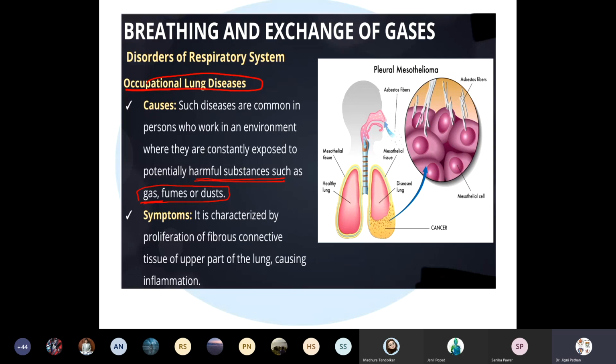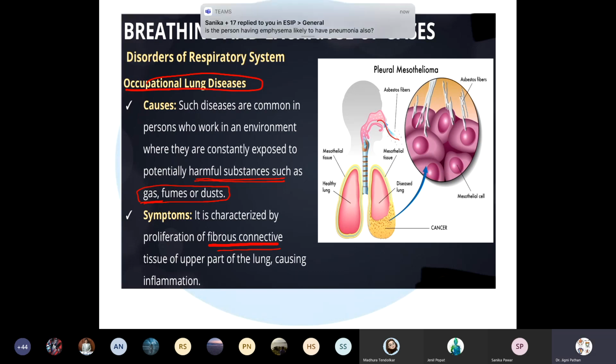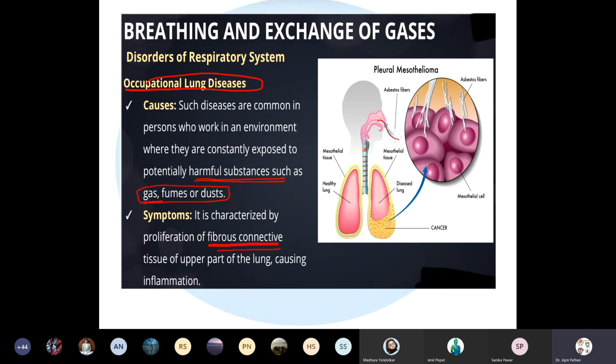It is characterized by proliferation of fibrous connective tissue of the upper part of the lungs causing inflammation. When these small particles enter, it leads to proliferation of fibrous tissue. Yes, an asthma person can also be prone to pneumonia if not vaccinated.